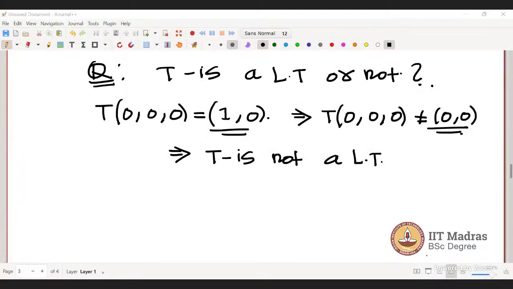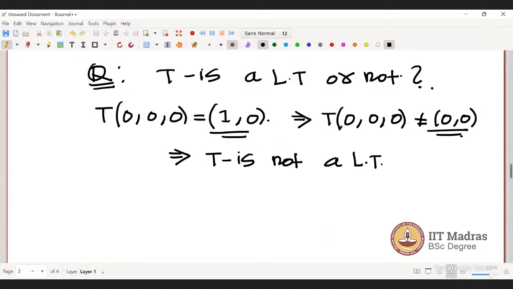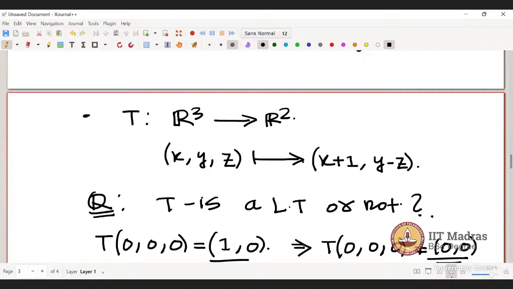Okay, so I'm audible, right? Hello. Yes. Okay, fine. So we showed that it's written here is not a linear transformation, right? Again, my voice is breaking. Yes, sir. Your voice is breaking again.